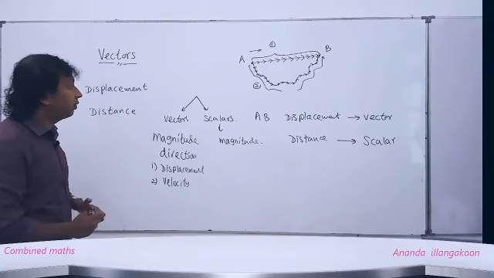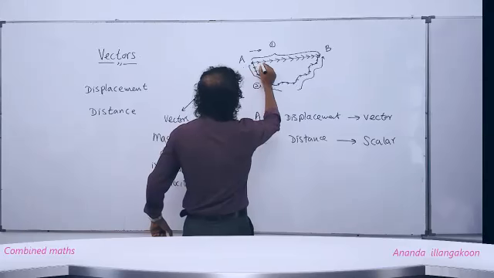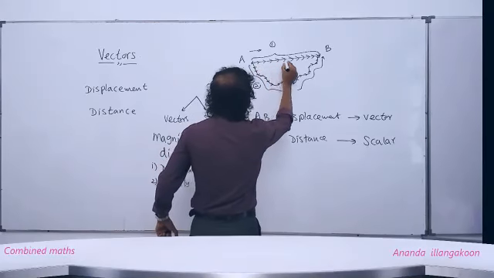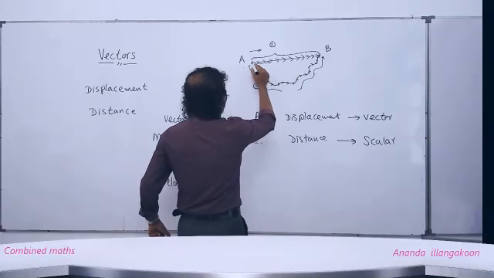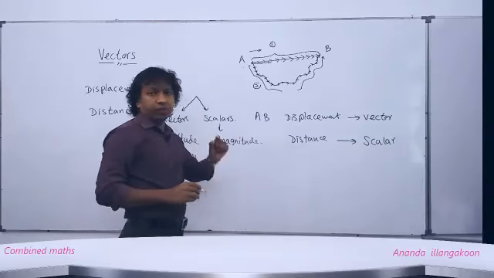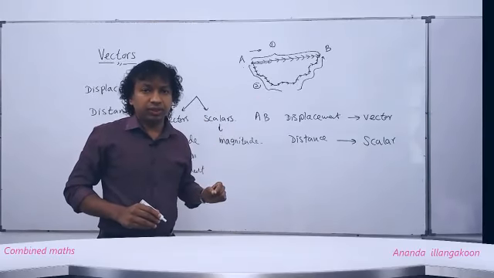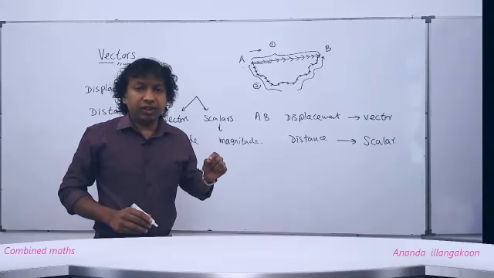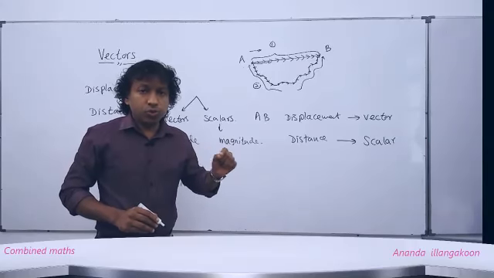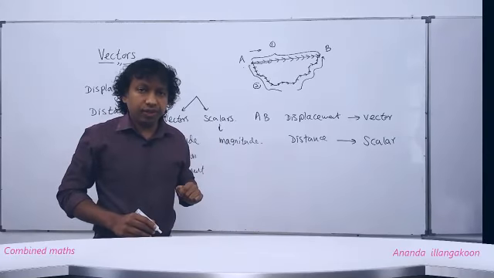In other words, during 1 second along the straight path, the number of meters walked along the AB path is called the velocity. That means the displacement traveled in 1 second is called the velocity.